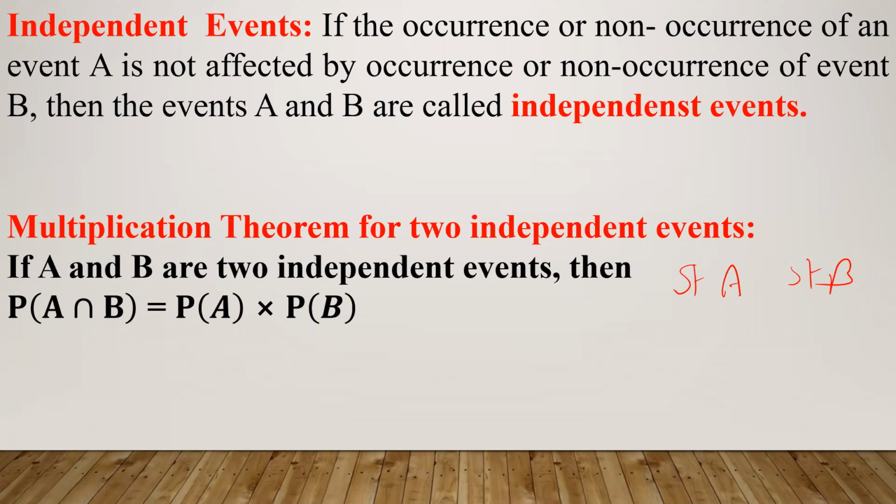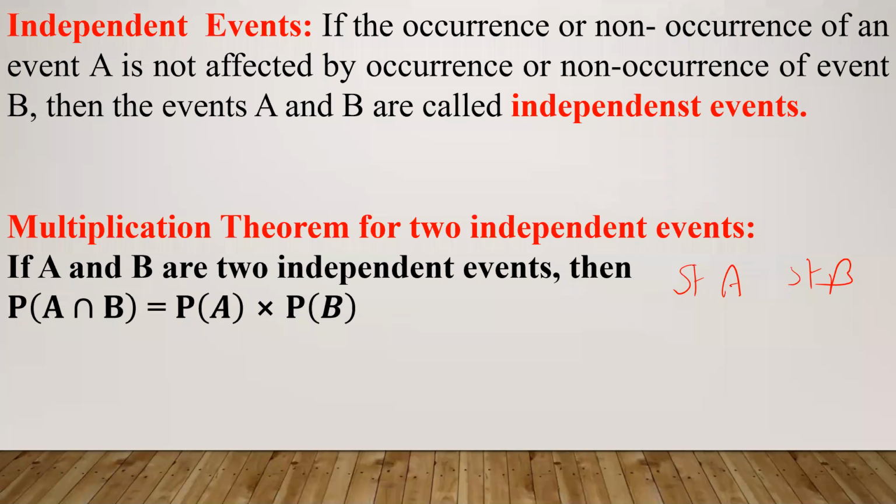So the event that the question is solved by student A and the event that the question is solved by student B are totally independent. This is the meaning of independent events.